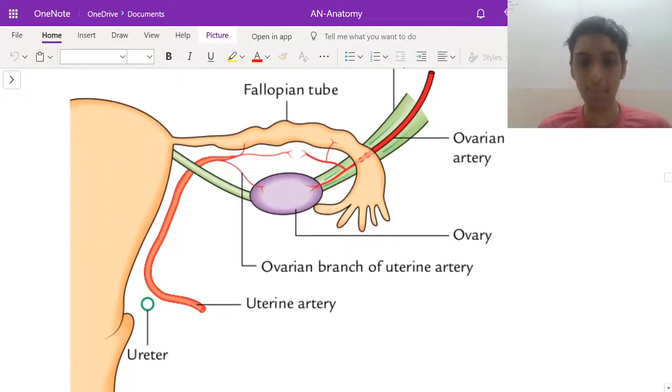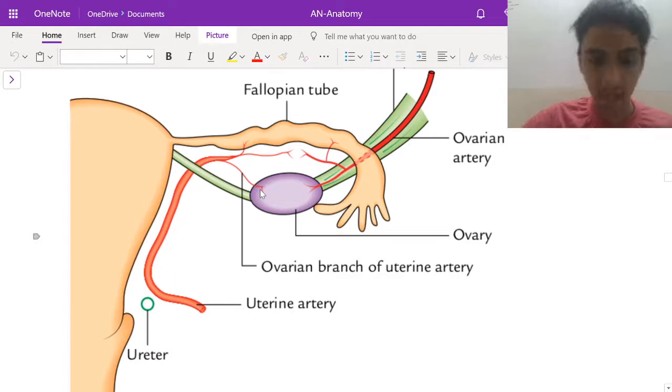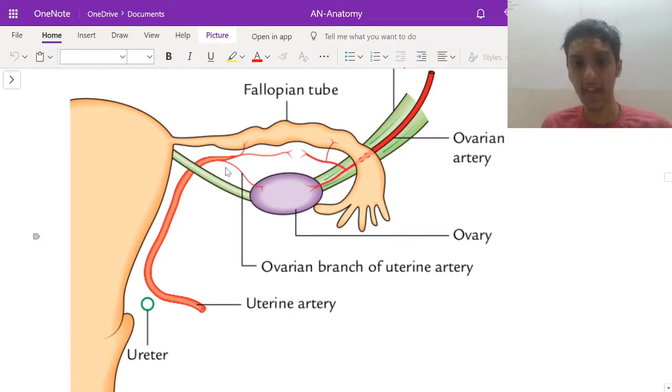Coming to the blood supply, we have the ovarian artery, which is a branch of the uterine artery. We have the ovarian artery and the ovarian branch of the uterine artery.